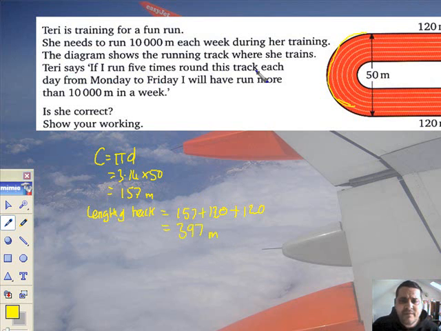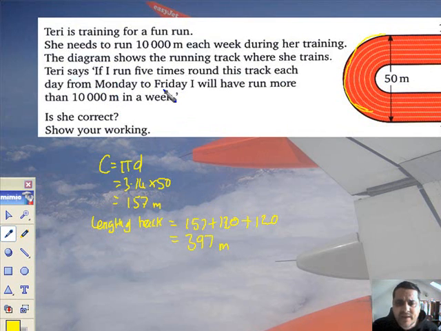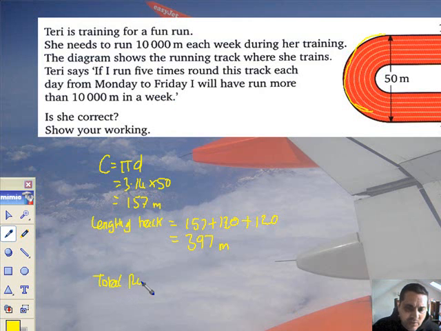Right, she's going to run 5 times round this track each day from Monday to Friday. So that's 5 days times 5 times. So total run is going to be 5 times over 5 days, 5 times 5, so that's going to be 25 times 397.